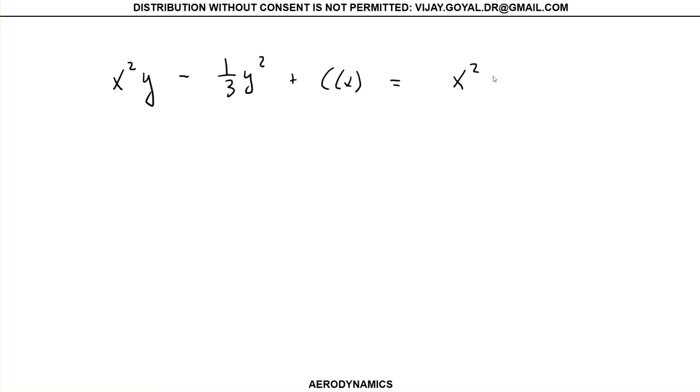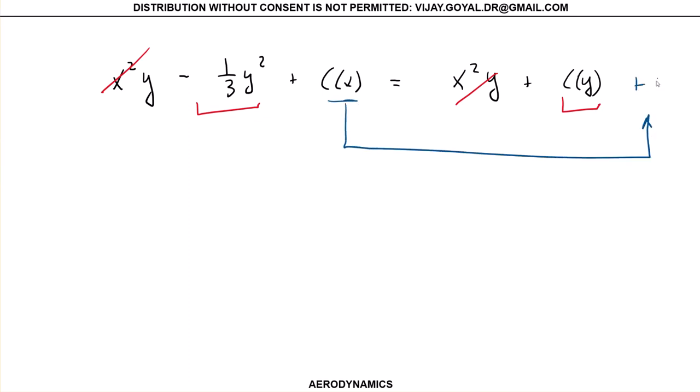The other equation is equal to this plus c of y. And what you can realize here is that this term cancels out. This is a strict function of y, and I do not have a function in x, nothing left in x, so we can say this is plus 0. So in other words, my c of y will be minus y cubed over 3, and c of x will be 0.